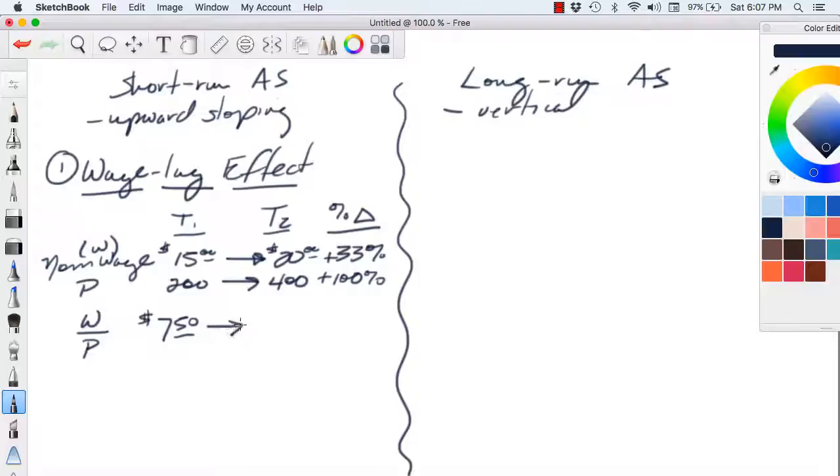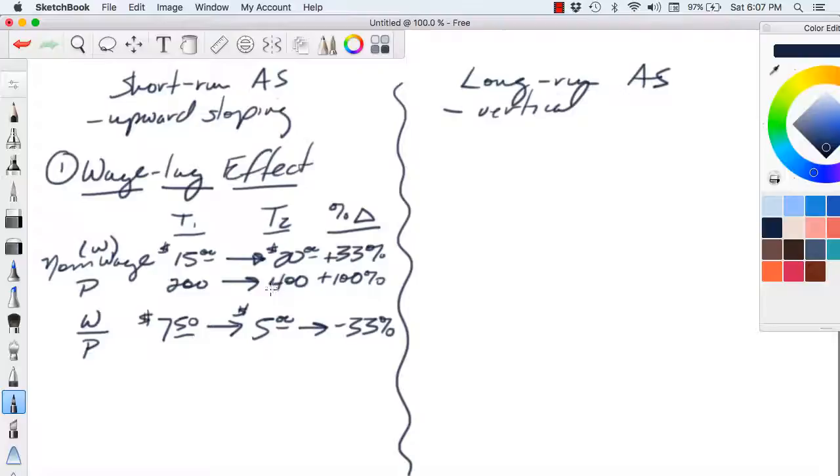So what's happened to the real wage? Well, if you divide 20 by 4, you see that the real wage has actually decreased. And if you were to calculate the percentage change here, that is actually a 33% decrease in the real wage.